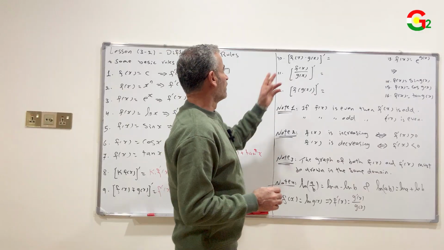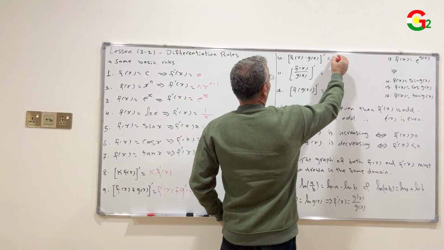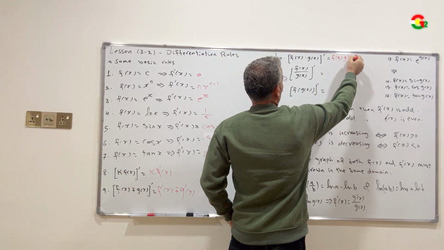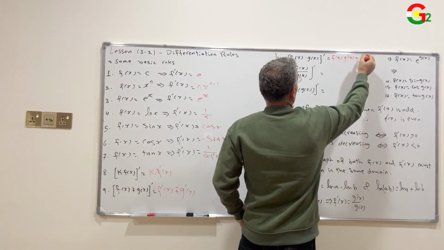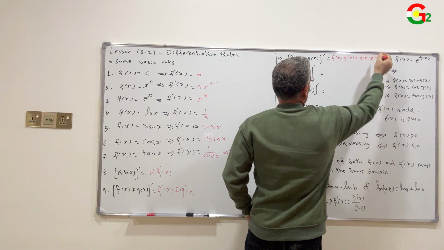The derivative of the multiplication of two functions equals f of x times g prime of x plus g of x times f prime of x.